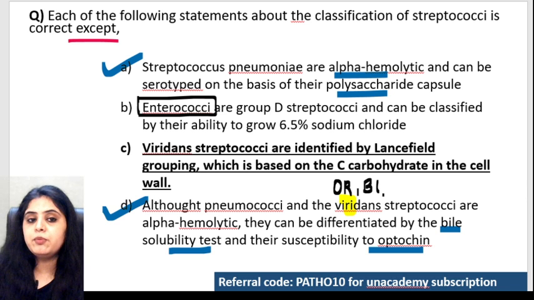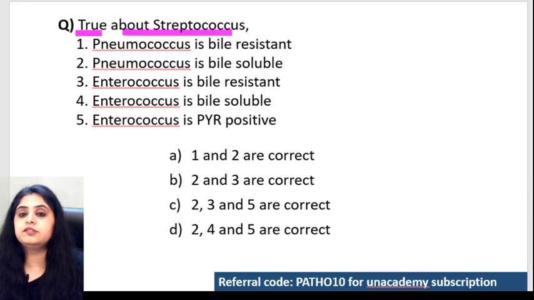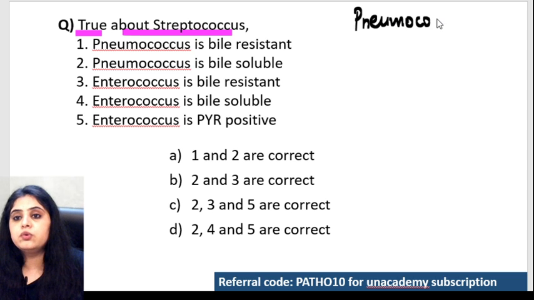So before I jump on to Enterococcus, probably I can ask you a question. Please answer this for me. Which of the following is true about Streptococcus? Pneumococcus is bile resistant. As soon as this question comes, the first thing you should say is pneumococcus versus viridans.